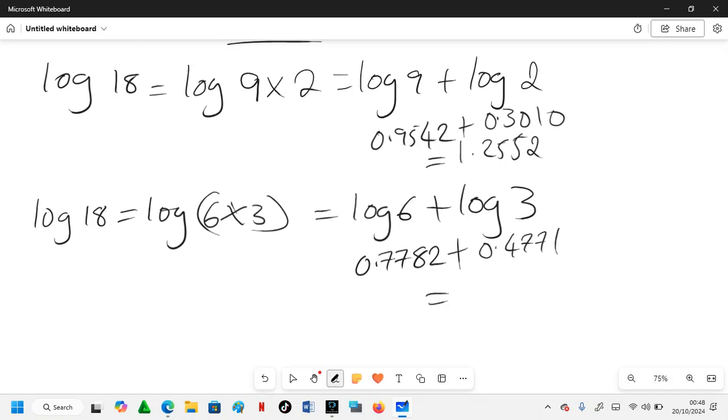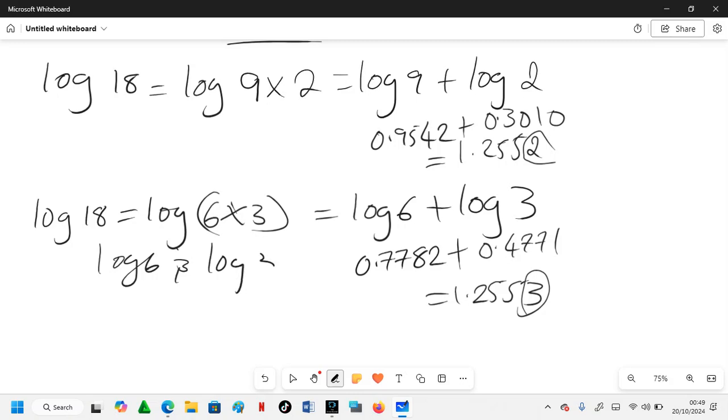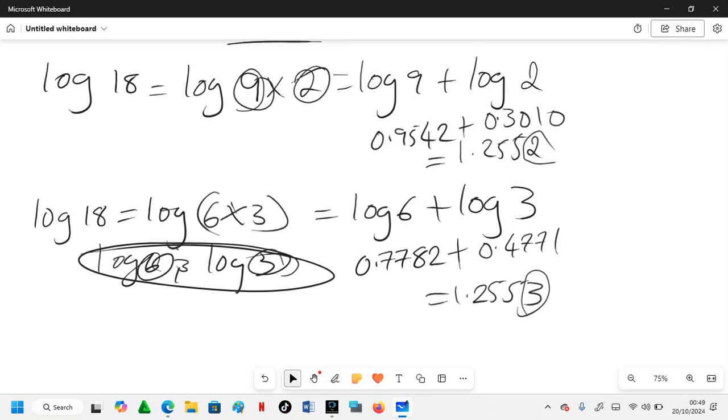That also gives us 1.2553. You can see the difference is too little. Most of the time they will give you a sign: they will tell you to find the log of 18, and then give you the log of 6 and the log of 3, so you know you're supposed to use 6 and 3. They might always give you a sign to guide you how to divide that number. This was just a general example.